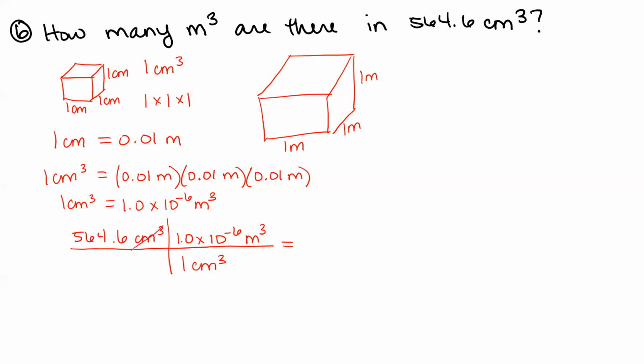Multiply across, our units will cancel, and we end up with a ridiculously small number. We get 5.646 times 10 to the negative 4th meters cubed. Now we look back, we started with 4 significant digits and we ended with 4 significant digits. So this is our final answer.